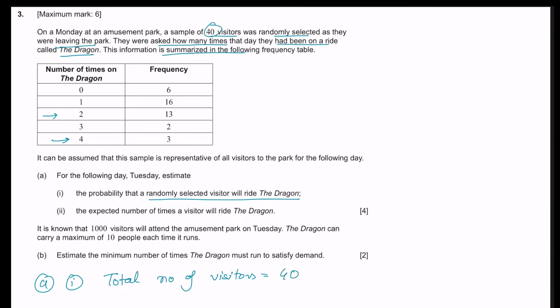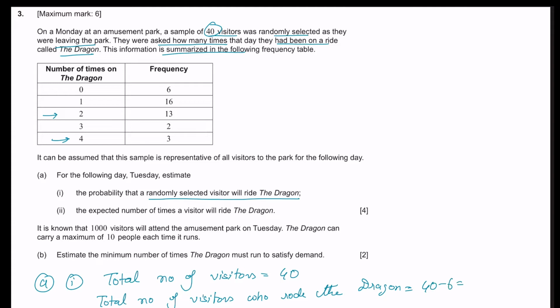And we have to find in total how many visitors actually took the ride, the visitors who rode the Dragon at least once. So either you can add these up, or you can do 40 minus 6, whichever is easy to understand. So basically, 34 visitors rode the Dragon at least once, right?